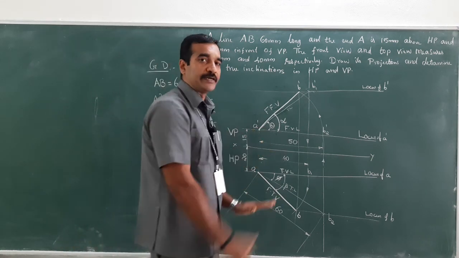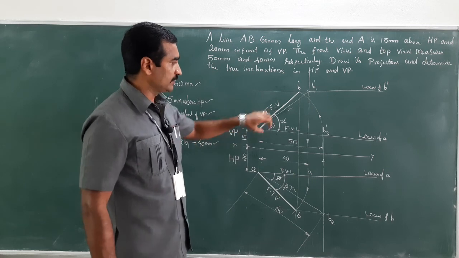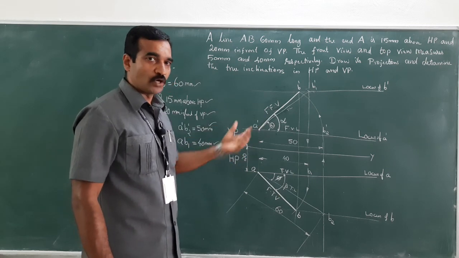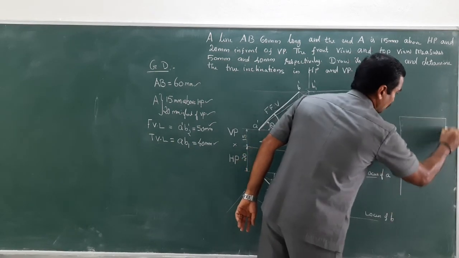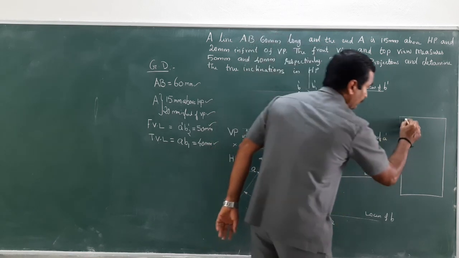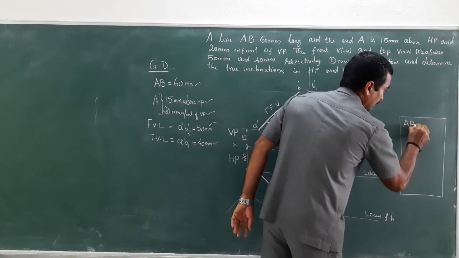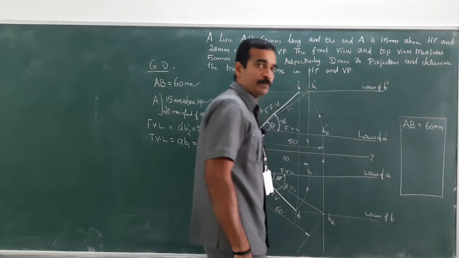So, still I have not completed it. I have completed the drawing, but I have to take the measurements from the drawing. What are they? 7 data should be captured within the box. What are they? The true length of the object, which is already given as 60 mm.